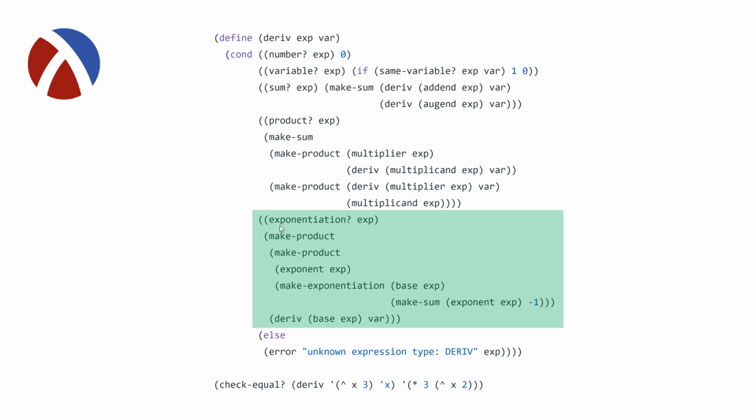So the first one is to combine another make-product, which is the exponent that we had, and then call make-exponentiation of the base with the exponent, and then a make-sum of the exponent minus 1. So we're making calls to selectors here, base and exponent, to get the exponent from our original expression.